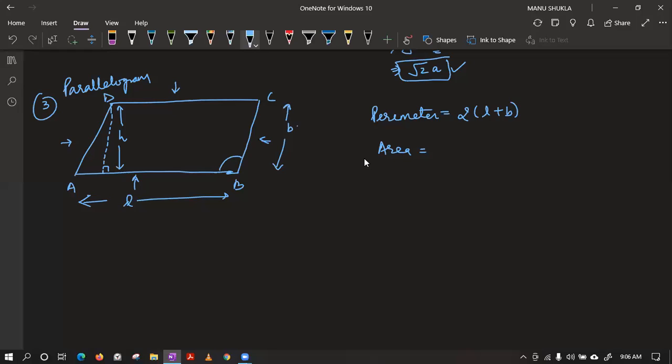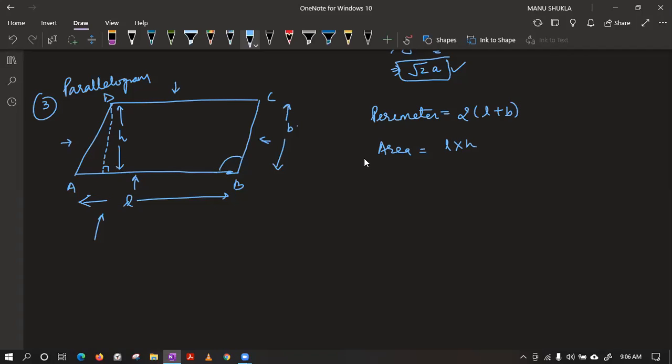Will it be B into H or L into H? Very good, Ananya. You have to take this as the base now because the height or the perpendicular is on L. So area will be L into H.